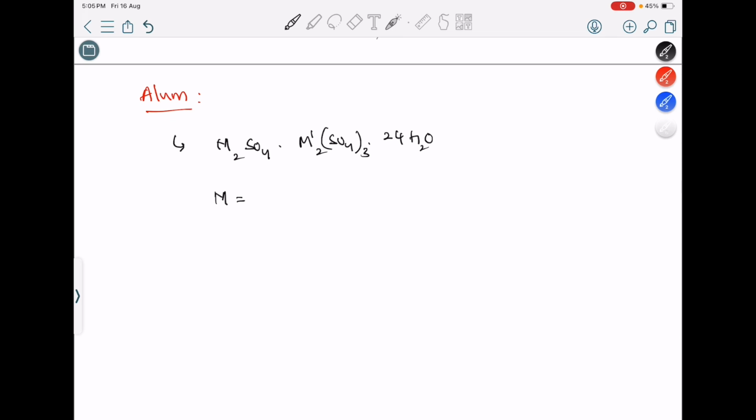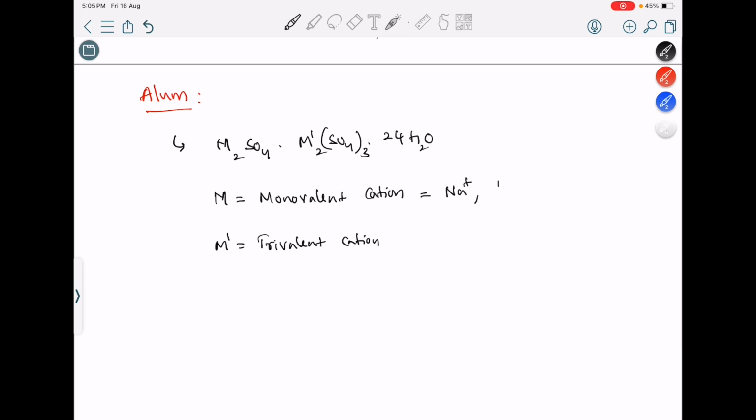M is mainly used to denote monovalent cations. I repeat, in this formula, this M is for monovalent cations. Then M dash is for trivalent cations. For example, let us see a few examples of monovalent cations.